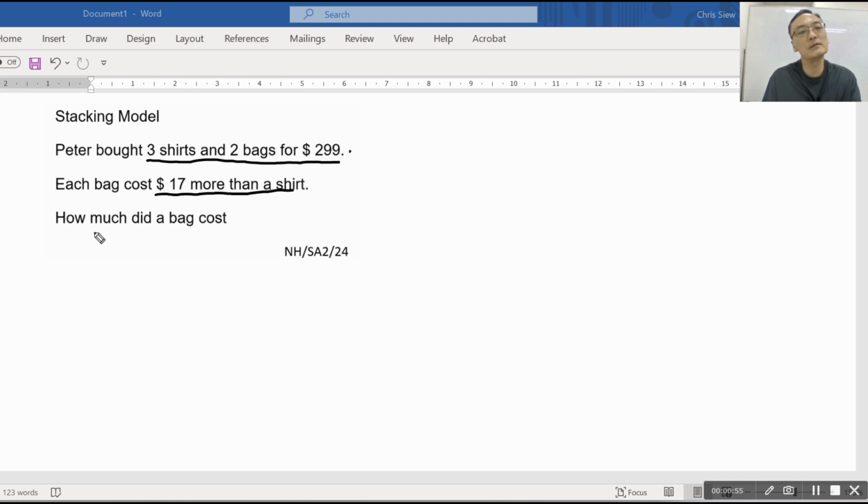So from this statement, we know that the shirt is the cheaper item, right? So the shirt will be 1 unit. So we write over here, 1 shirt is equal to 1 unit. And the bag is $17 more, therefore each bag will be 1 unit plus $17.